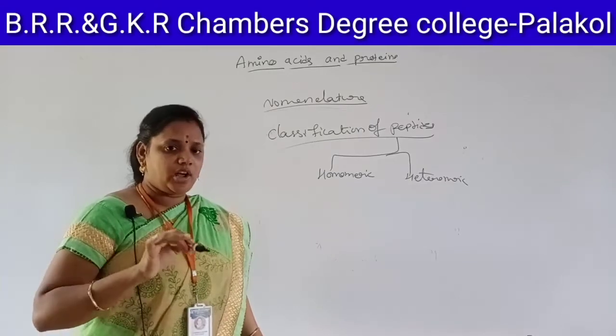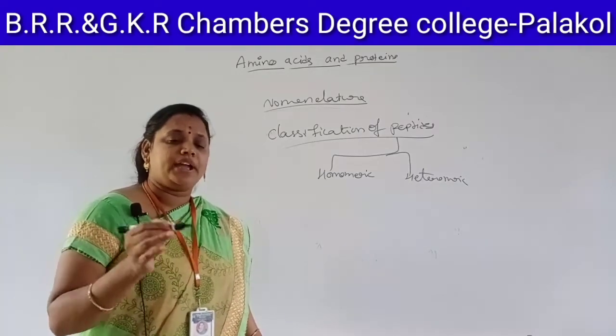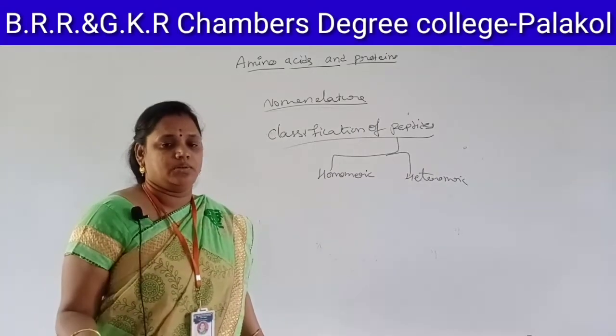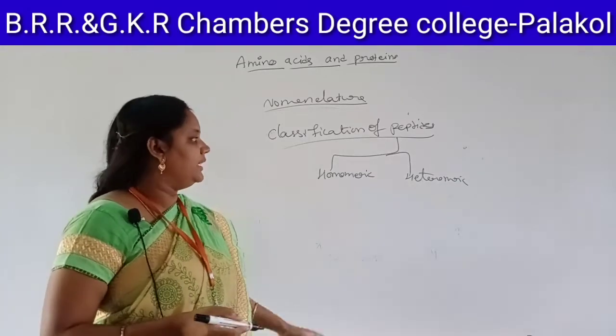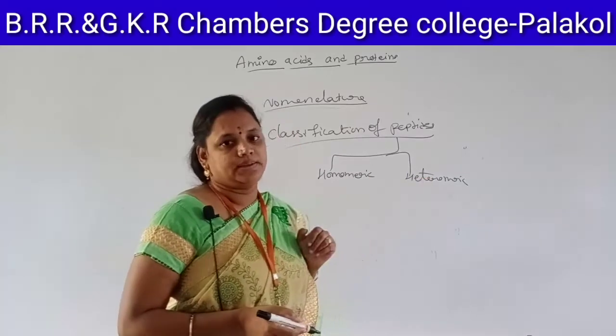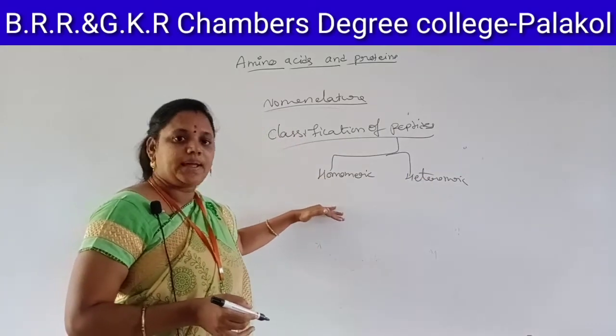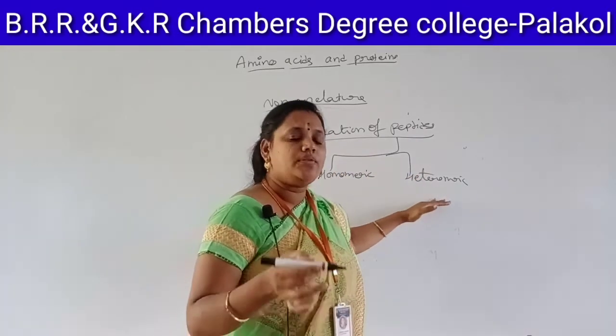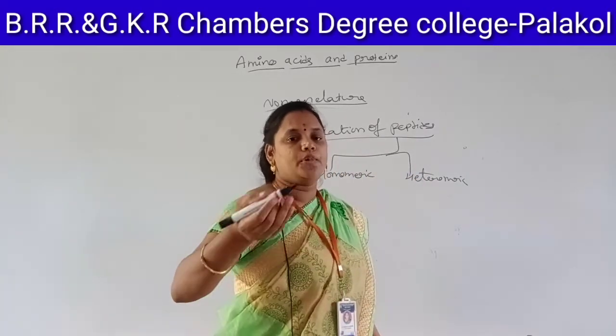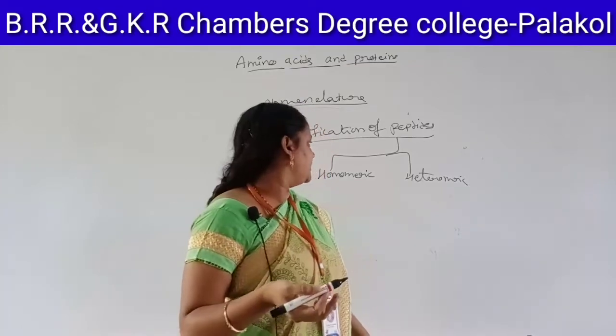Peptides on hydrolysis, if they produce amino acids and other products also, then they are called heteromeric peptides. Homomeric, only amino acids should be produced as a product. Heteromeric, along with amino acids, other compounds also formed as products.